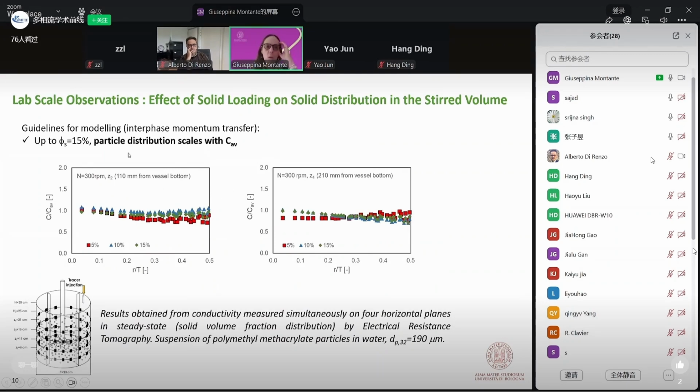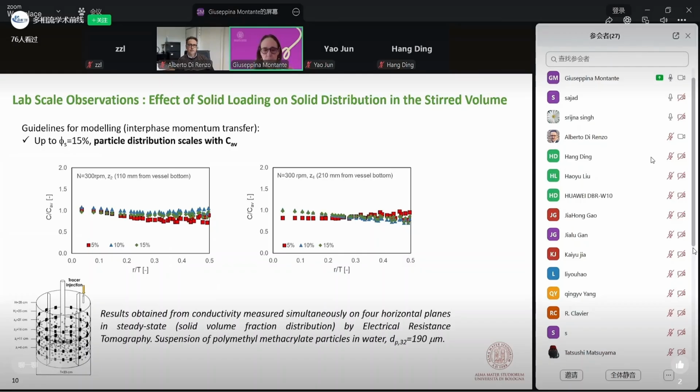For instance, when I mentioned before having guidelines from experiments for modeling, I had in mind the fact that if we measure the solid concentration distribution while increasing the volume fraction of the particles, and we see, as in these two examples of radial profiles of dimensionless concentration, that our profiles are more or less the same, practically not affected by the increase of the volume fraction, it means that we can neglect the particle-particle interaction in our simulation.